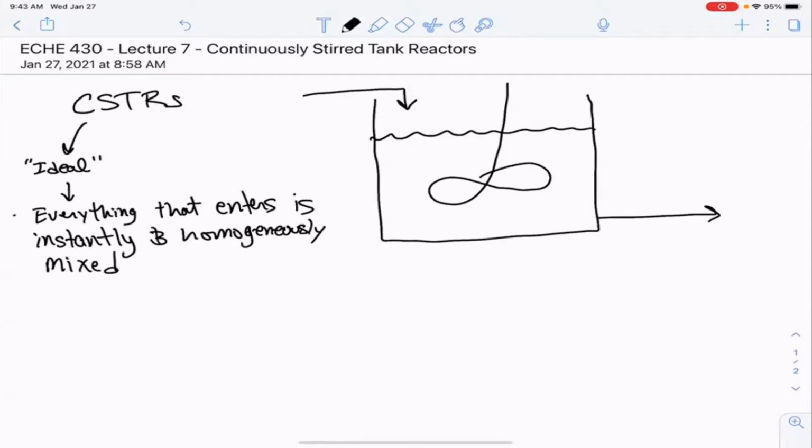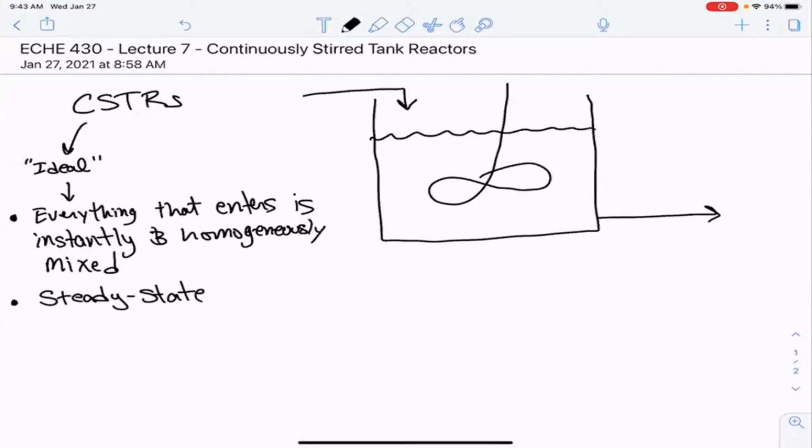Okay, so that's one thing that we're going to assume. The second thing that we often consider is that an ideal CSTR is operating at steady state.